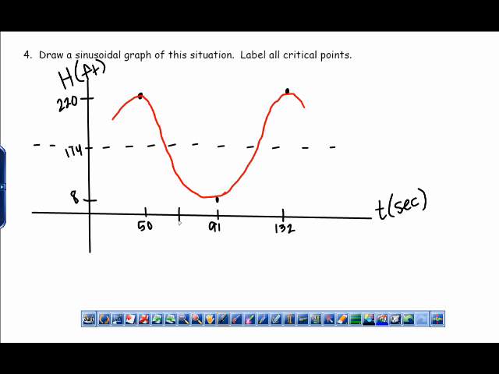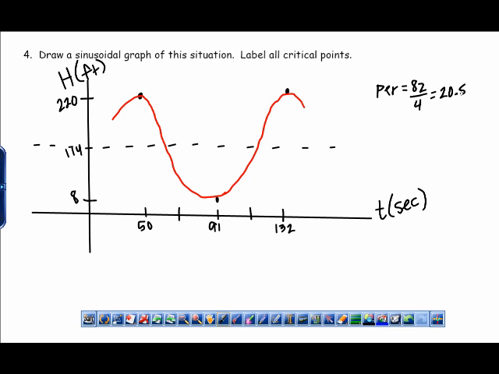Let's go ahead and find out what these tick marks would be in between. Now, keep in mind that the period, I already said this was 82. So if you divide this by 4, you'd get 20.5. We're going to use decimals here, and feel free to use your calculator.